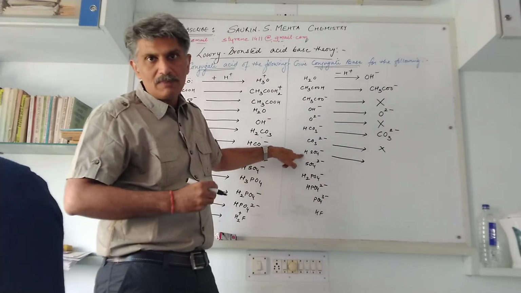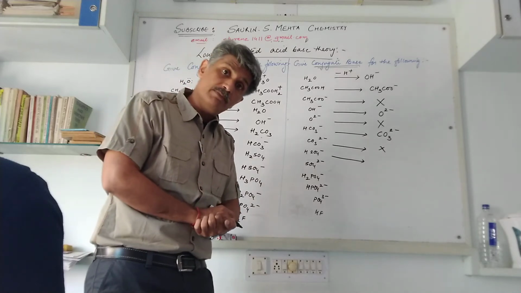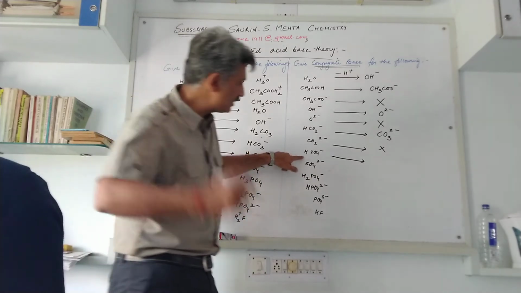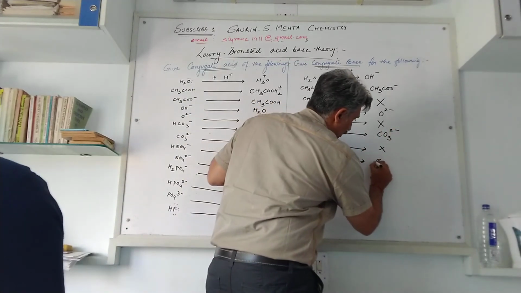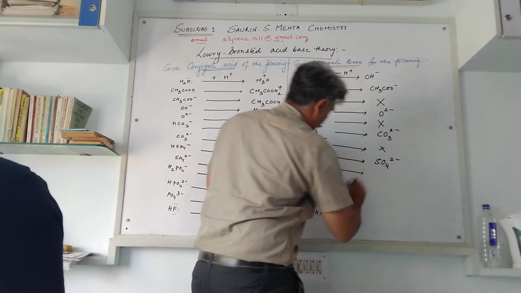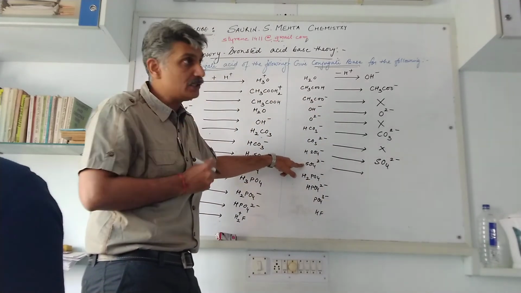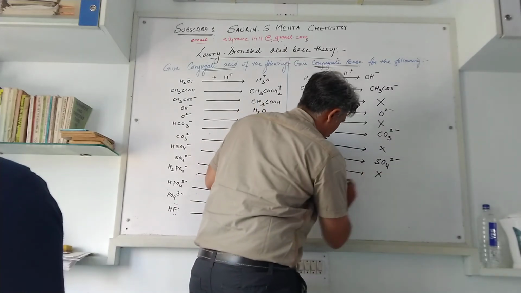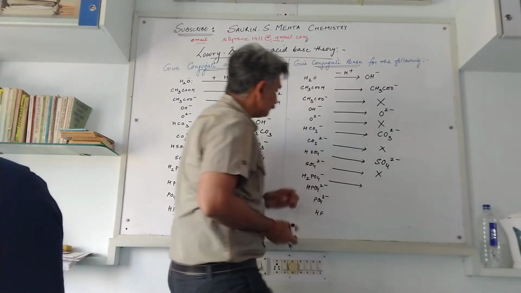For HSO4 minus, can I have a conjugate base? Yes, I can, because H can be eliminated in the form of H plus, and what I'll be left with is SO4 2 minus. What about the sulfate ion? I can't, because there is no H present which can be lost.